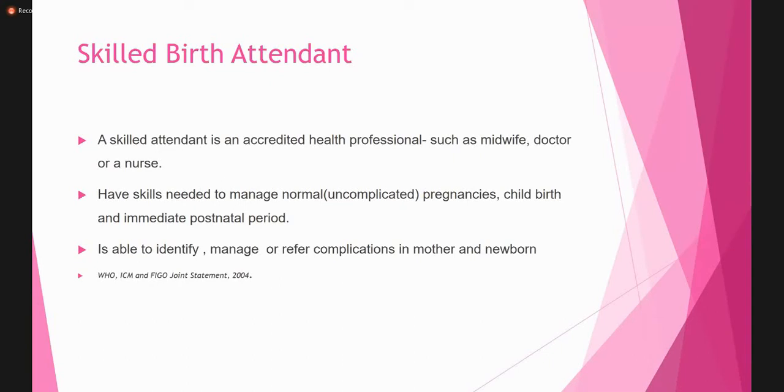So it is very important that a female has a skilled birth attendant at the time of delivery, who has the skills needed to manage normal and complicated pregnancies, childbirth, and the immediate postnatal period, and is able to identify, manage, or refer complications in mother and newborn. So it is very important that a skilled birth attendant is there for a mother.